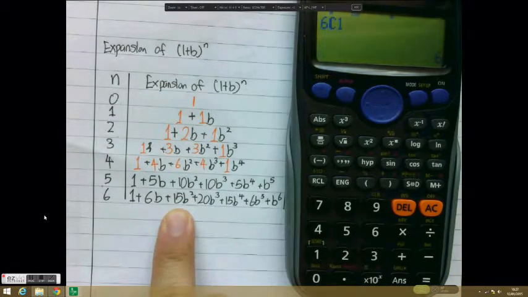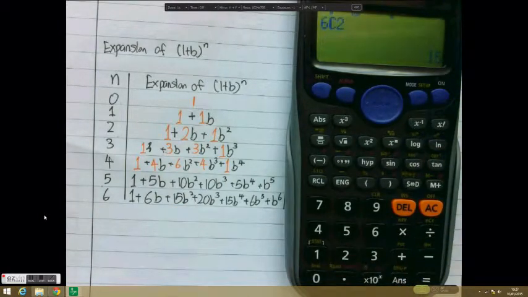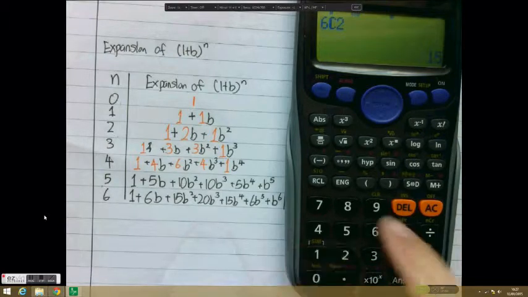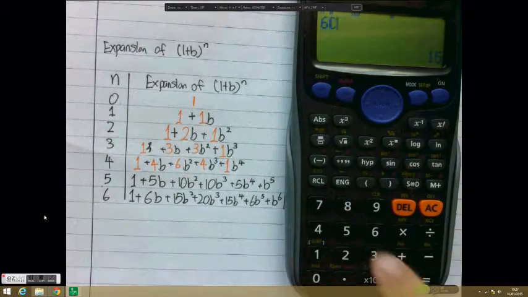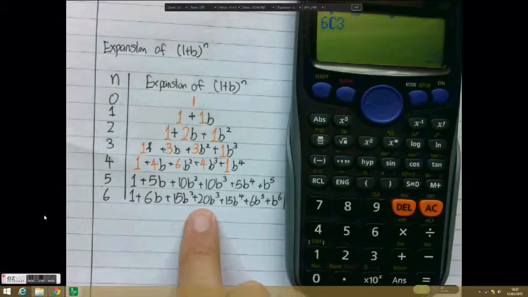This would be 6 choose 2. 6 choose 2 is 15. 6 choose 3 will be 20. 6 choose 4 is 15. 6 choose 5 for this term, it is 6. Notice that it's actually linked to what we learned in the previous video about the n choose r.